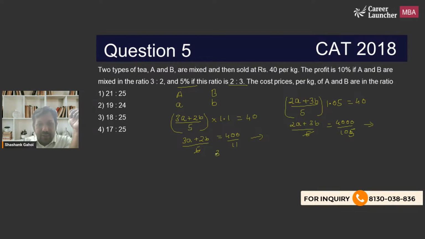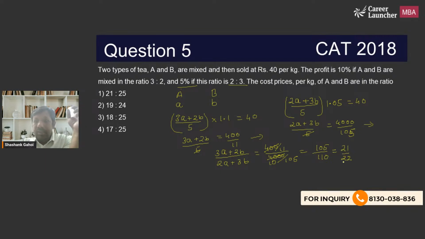So what I will be getting is 3A plus 2B upon 2A plus 3B, that is equal to 400 upon 11 upon 4000 upon 105. So this comes out to be 105 divided by 110. If I cancel it by 5, that is 21 upon 22.